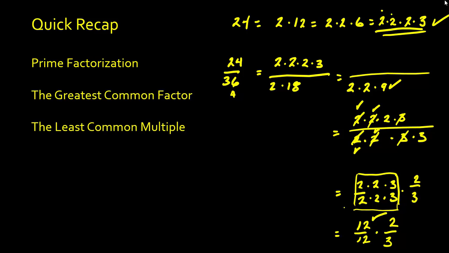Using the same numbers, we'll get the least common multiple. Recall that was 24 over 36. Whenever we reduced that, whenever we got the greatest common factor, we factored it out, and that left us with 2 over 3.